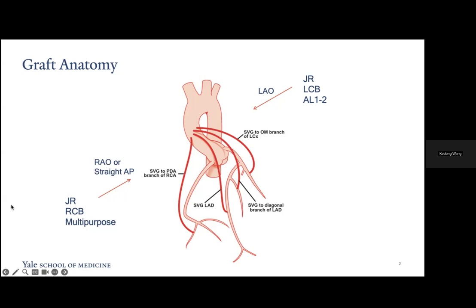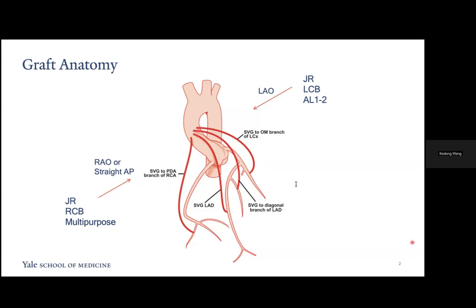Let me just use my pointer. The vein graft to the RCA is usually most anterior and located at the lowest point in the aorta, whereas grafts to the branches of the left coronary artery are usually inserted in a progressively higher and more posterolateral position.